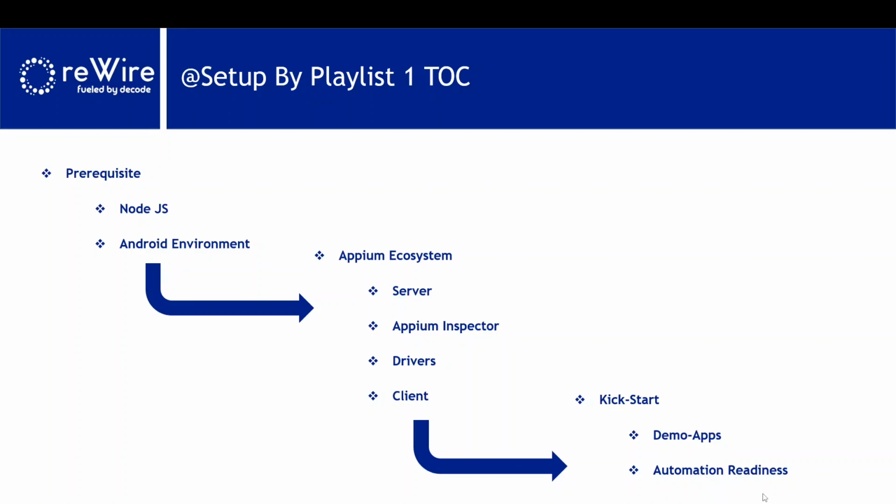We need to ensure that whatever setup we have done is recognized by the client script, that the Appium Inspector is able to identify the app, and that the server is responding to the commands given by the client script. These are the basic checks we need to ensure so that we can easily go ahead with further automation. Okay, so this is about the setup.